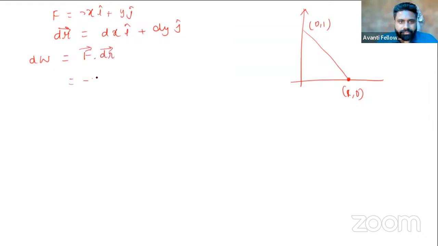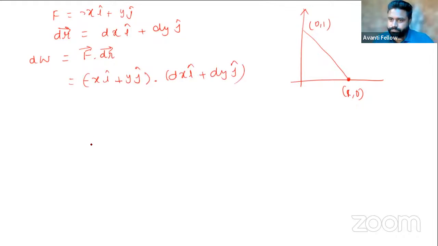The F vector, minus x i cap plus y j cap, dot product with dx i cap plus dy j cap, becomes minus x dx plus y dy. If you integrate it, you will get the total work done.